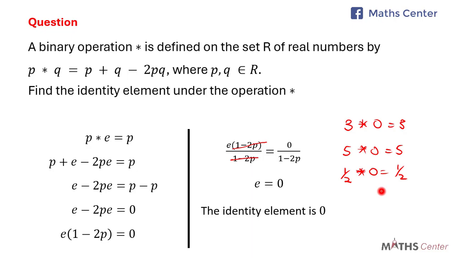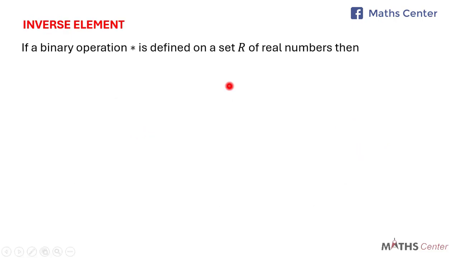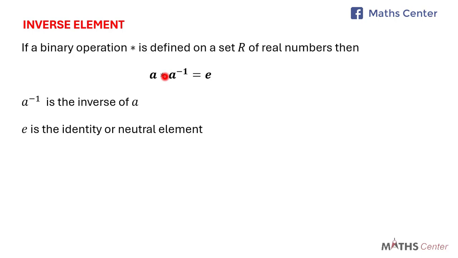Let's look at the last property, that is the inverse element. If a binary operation star is defined on a set R of real numbers, then A star A inverse is equal to the identity element.